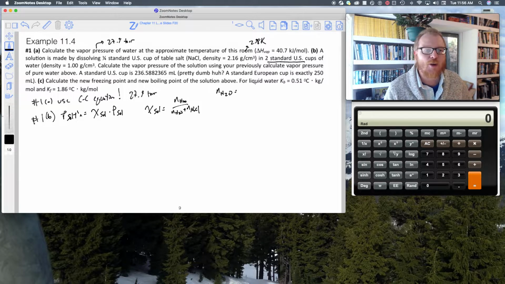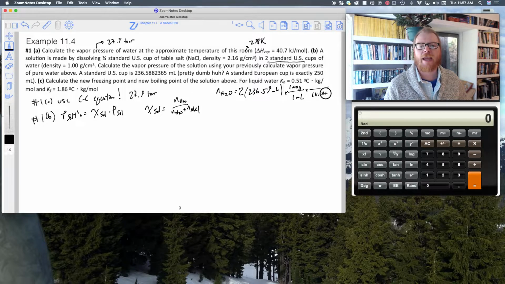Anyways, so that's going to be 2 times 236, I'm just going to say 0.59 milliliters. And I want to convert this to moles. So I recognize in 1 milliliter of water, there's 1.00 grams, and there's 18.01 grams in 1 mole, okay?